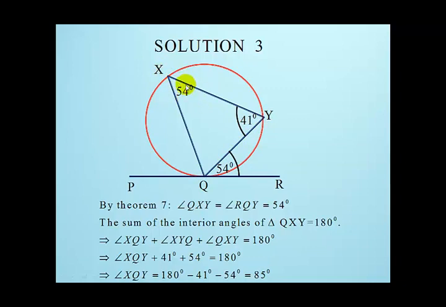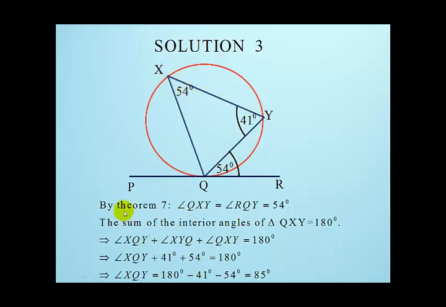It is because the angle between the chord QY and the tangent line PQR, that is 54 degrees, is the same. And therefore, if the angle at Q, that is YQR, is 54, then it means that the angle that the same chord subtends at the circumference is also 54 degrees.